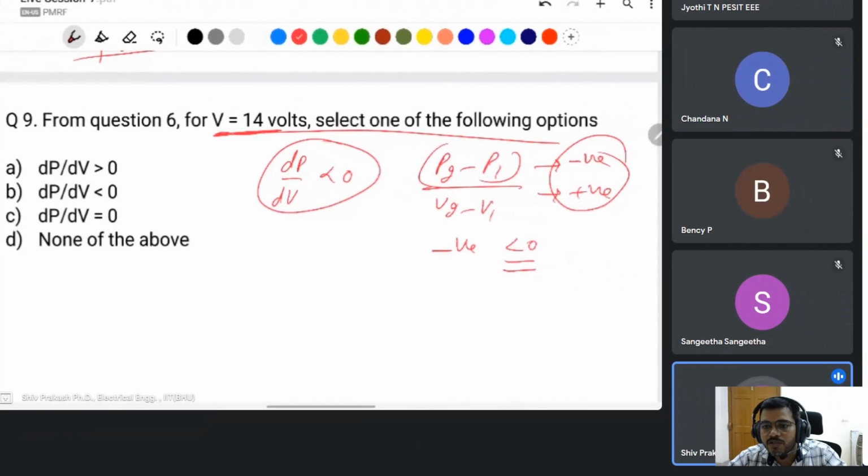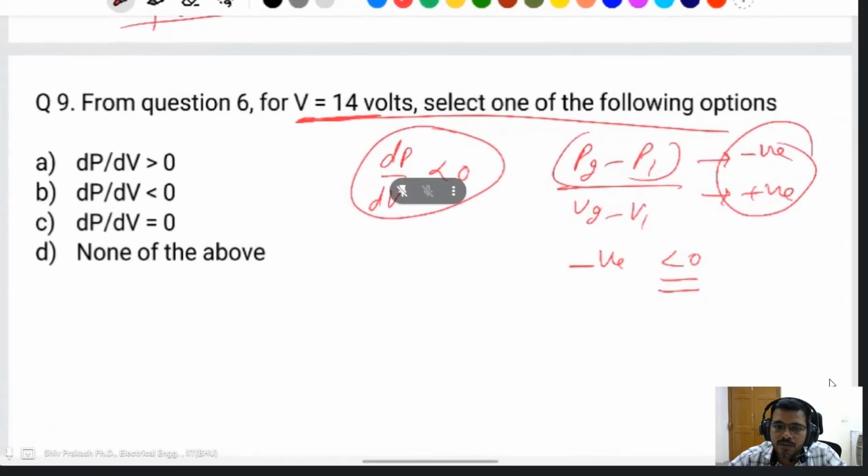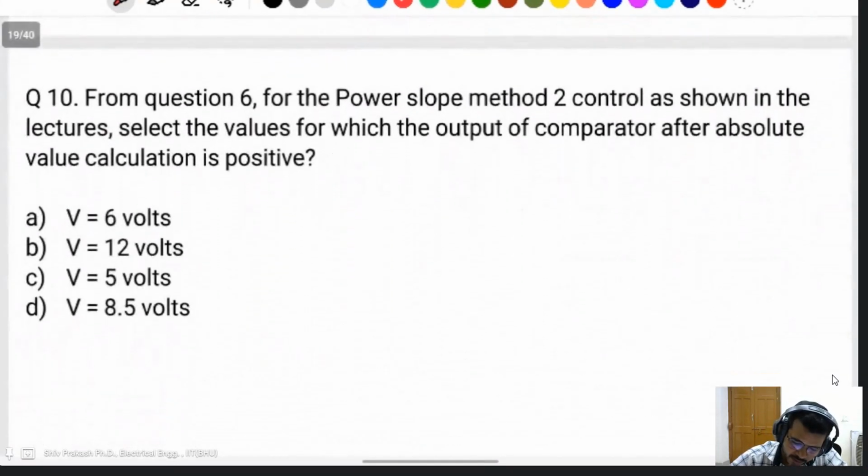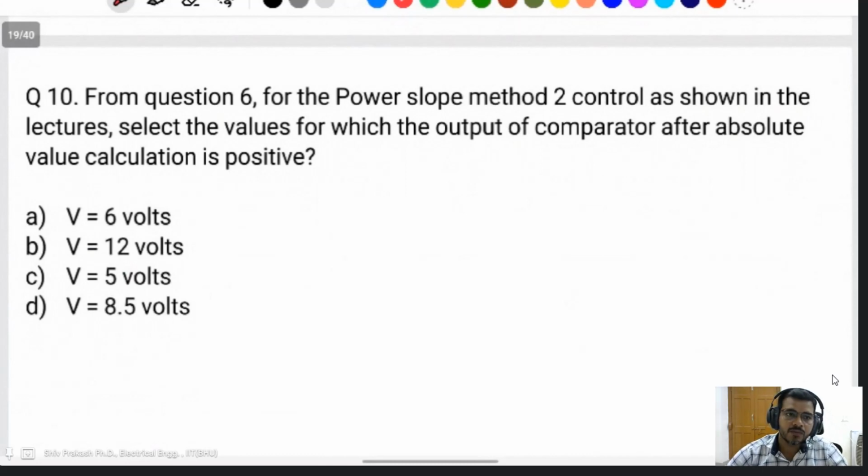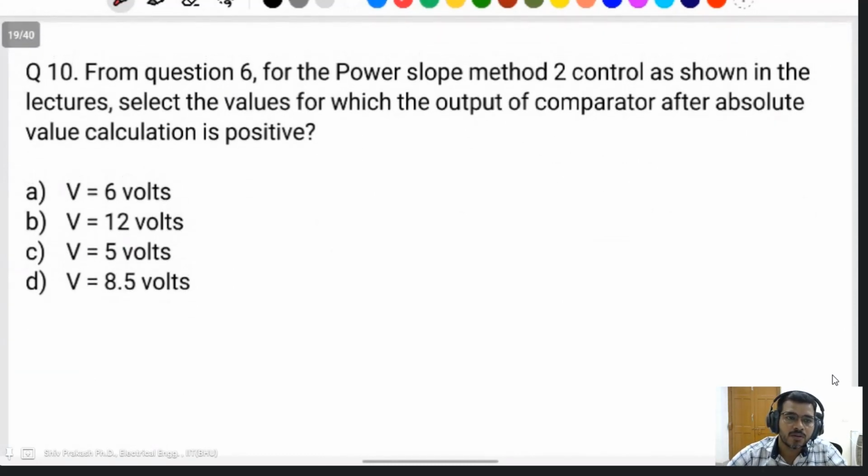Okay, I think someone asked about how to find the load resistance for the maximum power point. If you use a DC-DC converter, then there is no requirement of the load resistance.